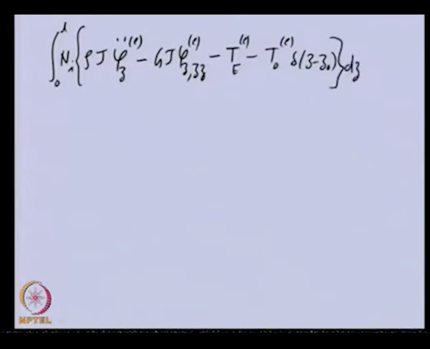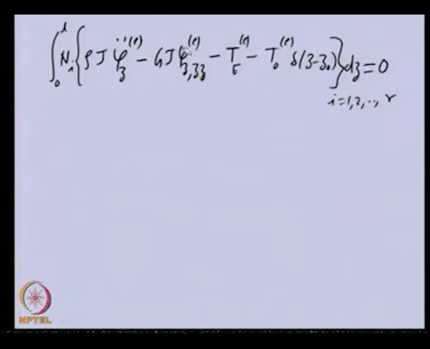We are integrating this over the domain and equating it to 0, where i is from 1 to r depending upon the degrees of freedom of the element. Now, in this particular equation, because we are using the assumed solution in the form of a polynomial, you can see that we have a second derivative with respect to z.